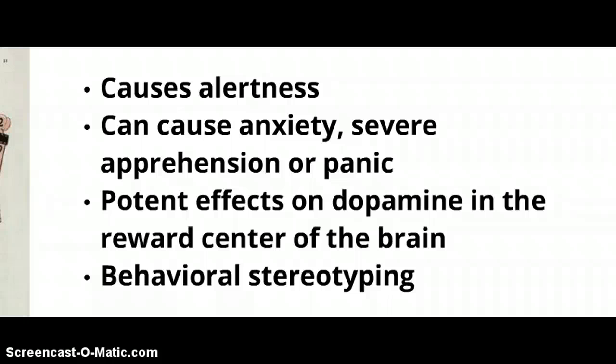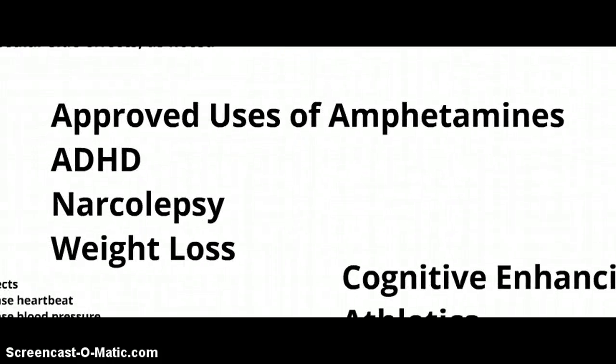But in excess, they can cause anxiety, apprehension, even panic. Amphetamines work on dopamine and norepinephrine. They increase dopamine in the central reward pathway again. Sometimes amphetamines cause behavioral stereotyping, which is repetitively doing a behavior over and over again.